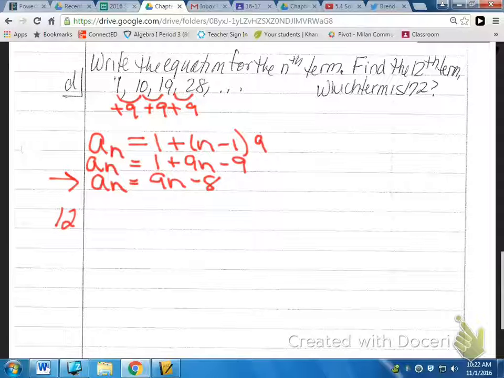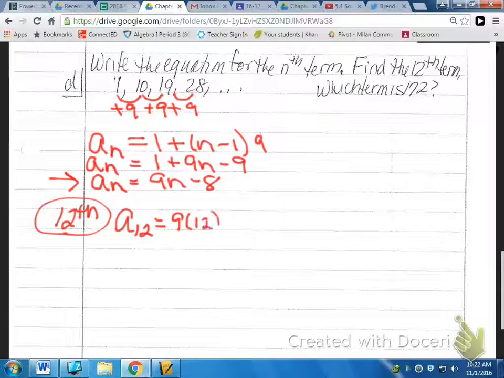So it wants the 12th term. So here's what we would do. You'd say a sub 12 because that indicates it's the 12th term. 9 times 12 minus 8. That means 108 minus 8. The 12th term is 100.